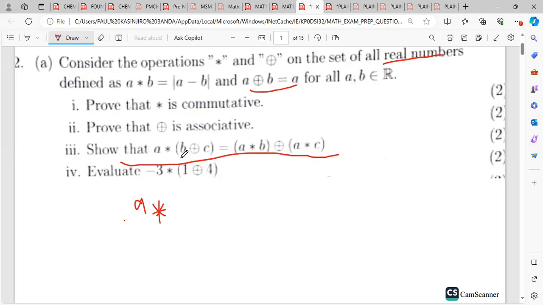If I have two elements there, I'll just get the first one. So B cross circle C is just B, because B is the first one. So on your left there, I have A star, the result of this, which is just B.